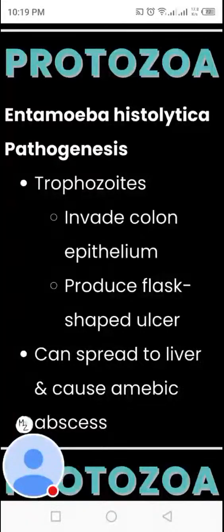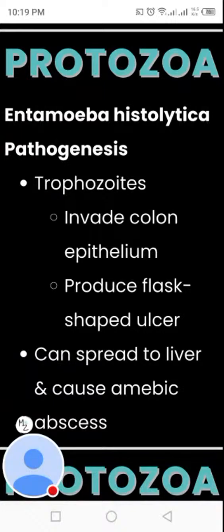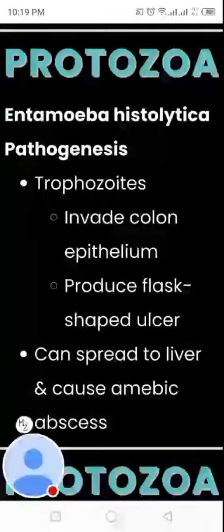Okay, moving on to pathogenesis. We were talking about ulcers that form in the muscularis layer when the trophozoite causes an invasion or causes the infection. When the trophozoite reaches the submucosa, the second innermost layer, it causes infection there. It can then lead to invasion of portal circulation by trophozoites.